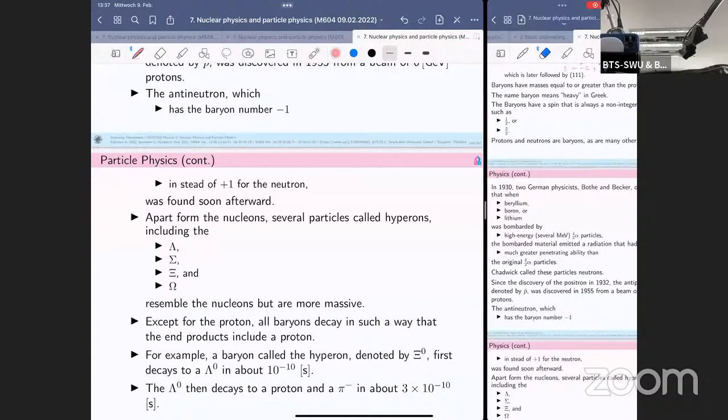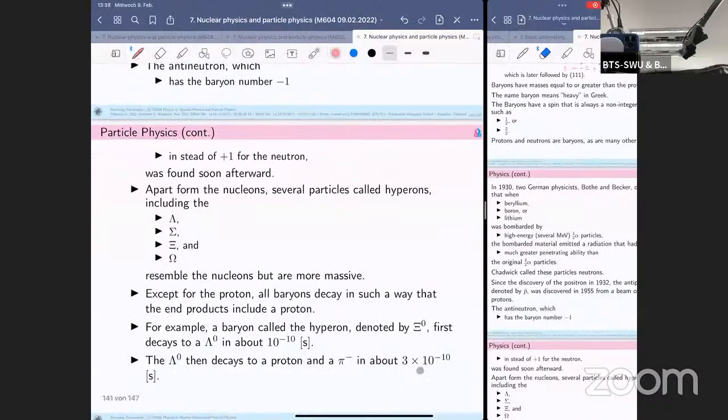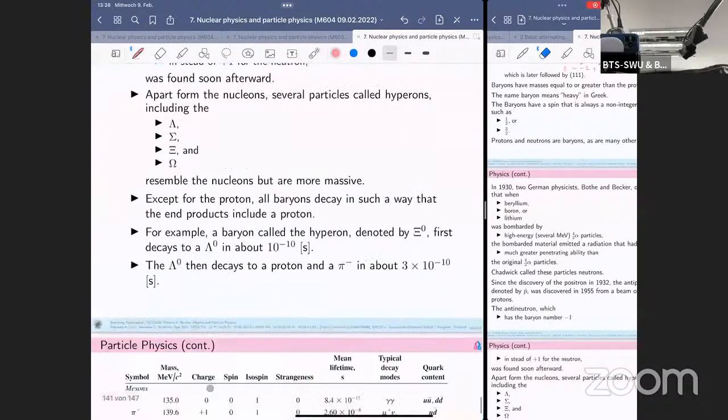For example, a baryon which is called hyperon, denoted by sigma 0, will decay into lambda 0 in about 10 to the negative 10 seconds, which is very, very fast, within 100 picoseconds. And the lambda 0 hyperon will decay into a proton and pion in about, again, very, very fast, 300 picoseconds.